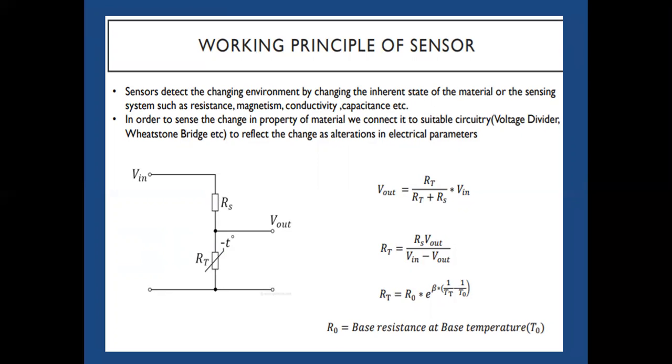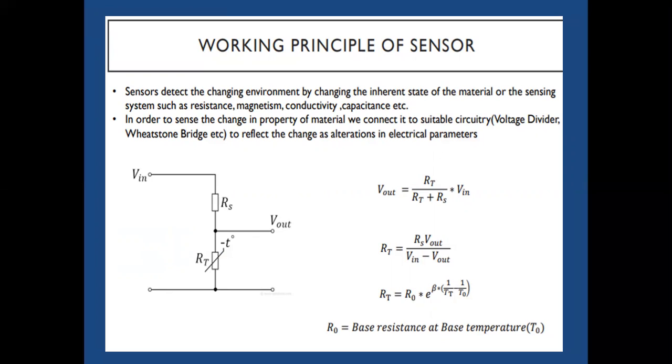A sensor detects the changing environment by changing the inherent state of the material or sensing system, such as resistance, magnetism, conductivity, or capacitance. By sensing these physical quantities, it detects the changing environment by changing the inherent state of the material.